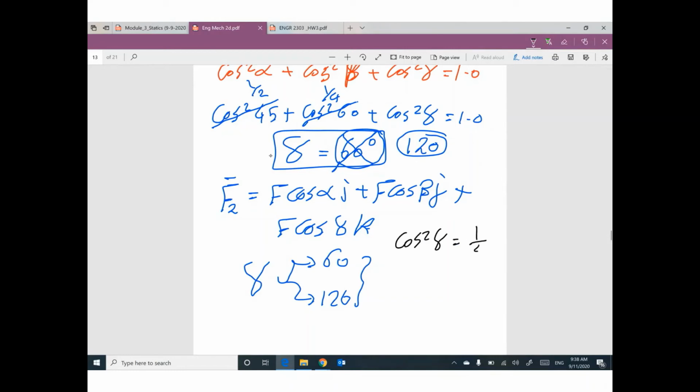So cosine gamma only will be 1/2. So if you apply inverse cosine, you can get gamma. Can you do it with your calculator? But we should have two angles. One is 60 and one is 120, and I have to choose between both of them.